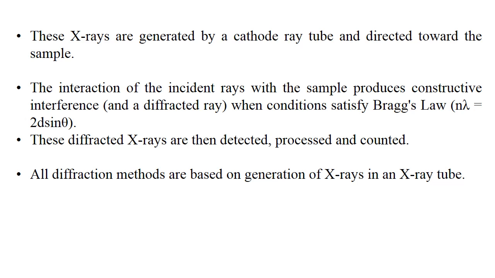These diffracted X-rays are then detected, processed, and counted. By changing the geometry of incident rays, the orientation of the centered crystal and the detector, all possible diffraction directions of the lattice should be attained.